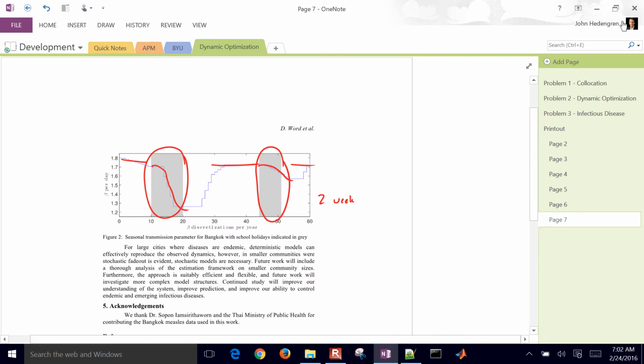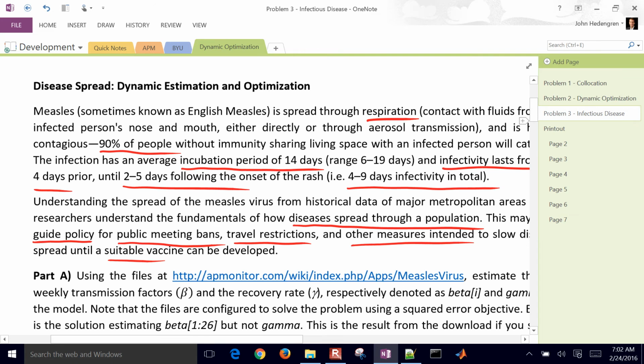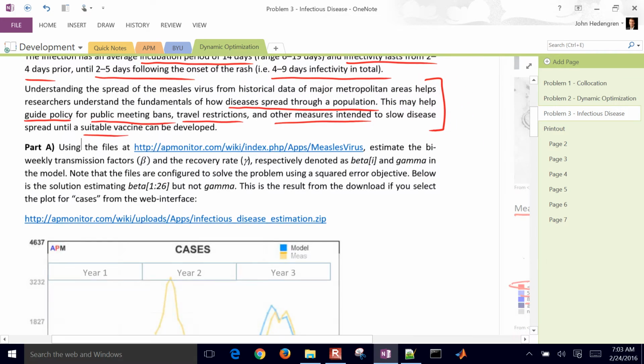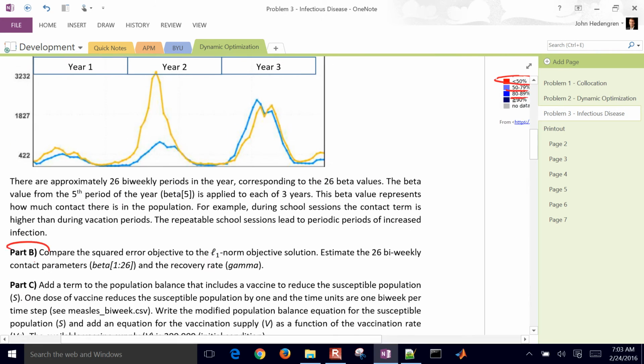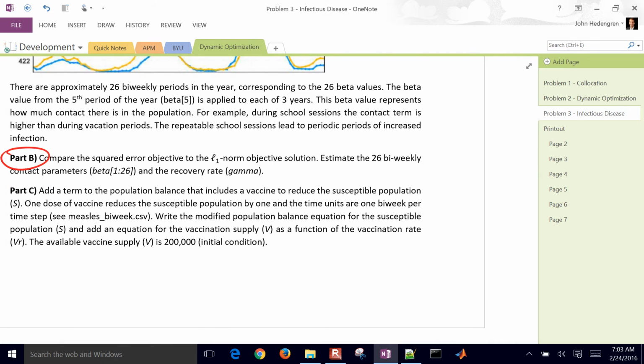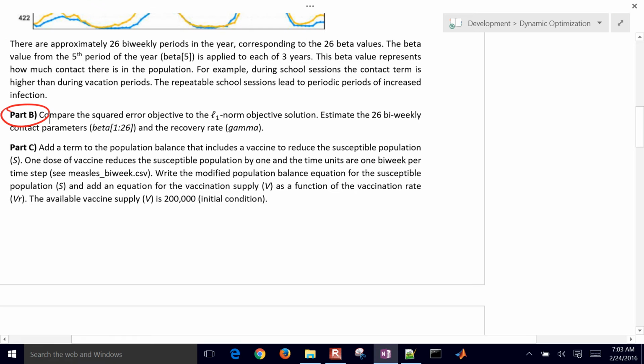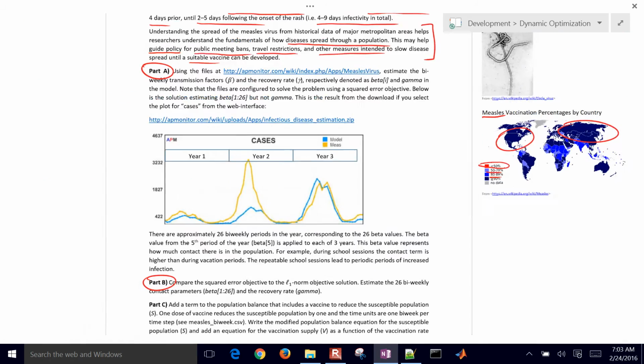So we're going to take this one step further in this problem. In parts A and B, we're just going to basically replicate what was in that paper.